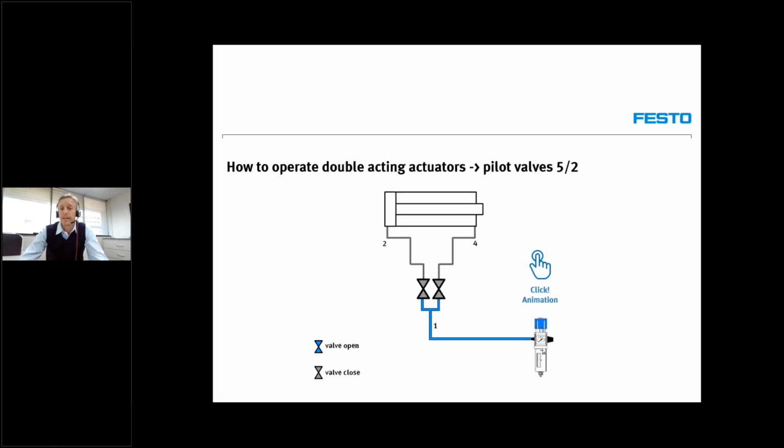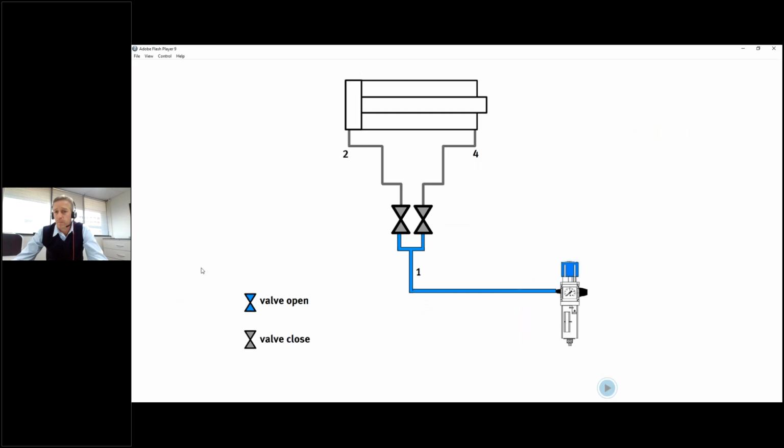Okay, so now that we've got a better understanding about the principle of the valve, let's have a look at the 5/2-way valve for a double-acting actuator. If we want this cylinder to move forward, we need to open port 1 to port 2 to put pressurized air at the back of the piston rod.